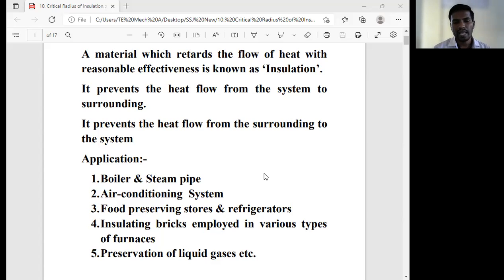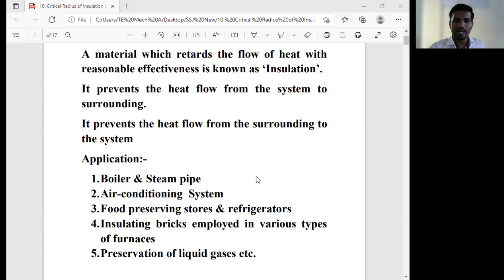Then insulating bricks employed in various types of furnaces. Whatever the furnaces are, insulating bricks are employed. Because of that, what will happen? The heat transfer will not take place outside of that particular furnace.